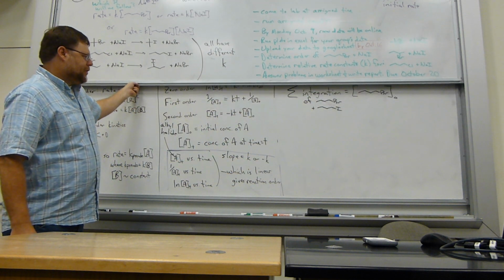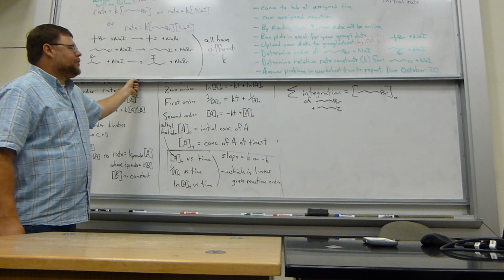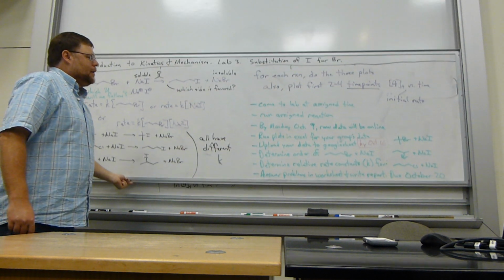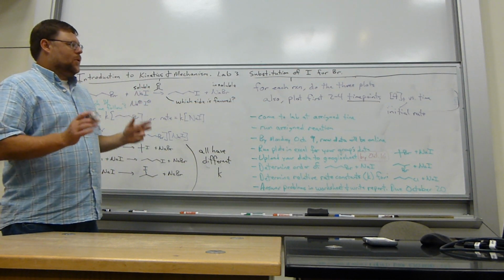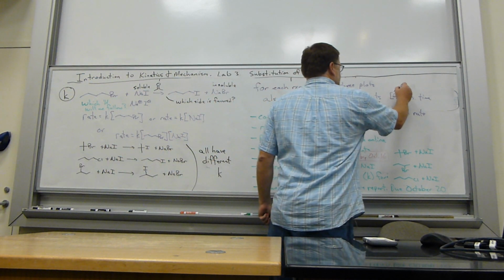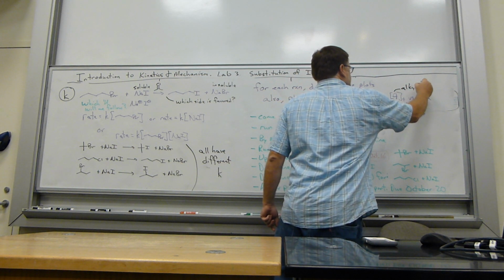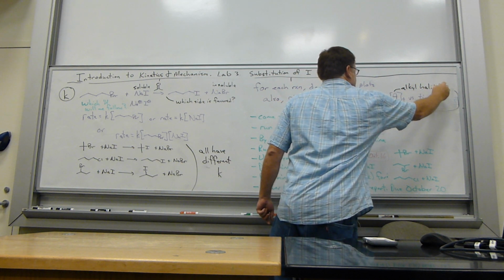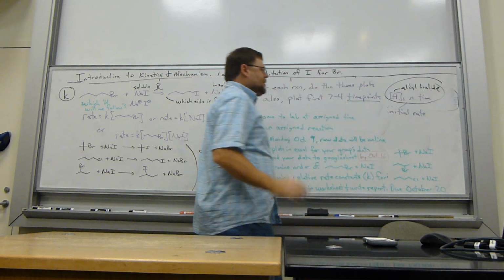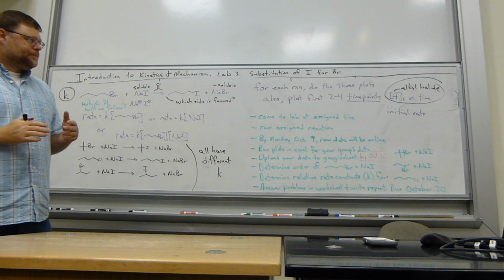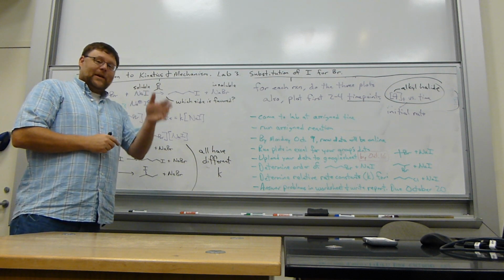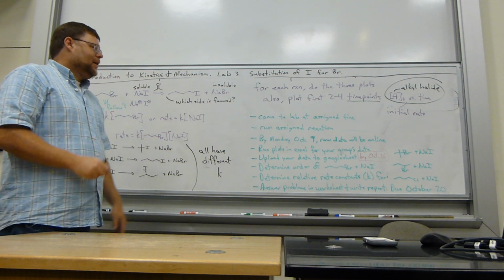And then you're also going to do the initial reaction rate. I erased that. You're going to plot the first 2 to 4 time points for concentration of alkyl halide versus time. That's an initial rate. And I say 2 to 4. 2 is not many data points, but it'll be a line, right? 2 points define a line.